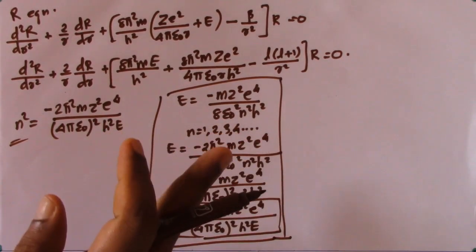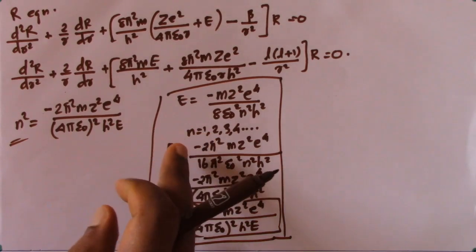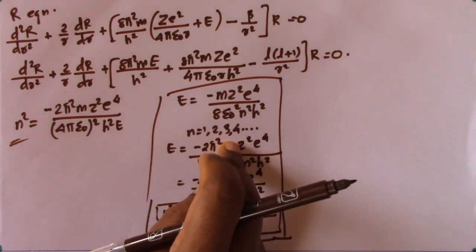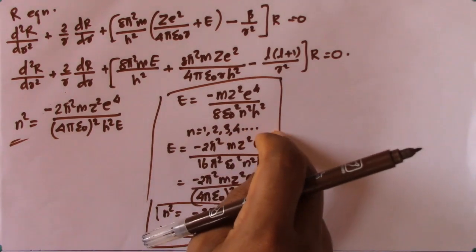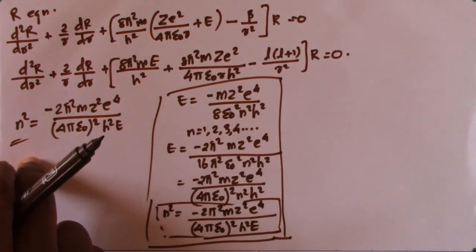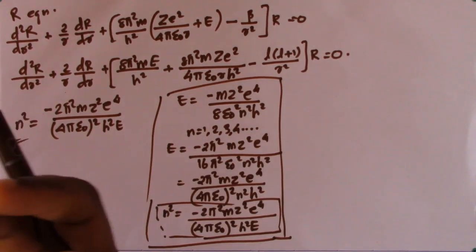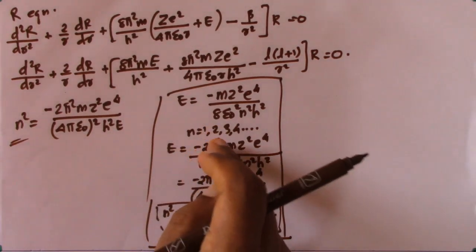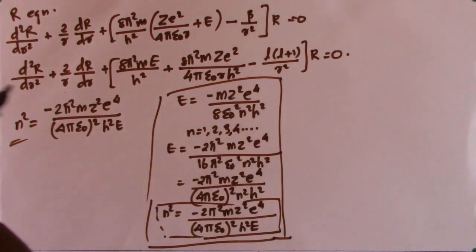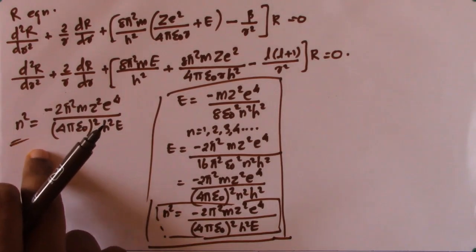In the Bohr model, you know what n is: the principal quantum number having restricted values. But here we don't know. Maybe it is the same n as in the Bohr model, but at this moment we don't know what the nature of n is. We will prove what the nature of n is later on.